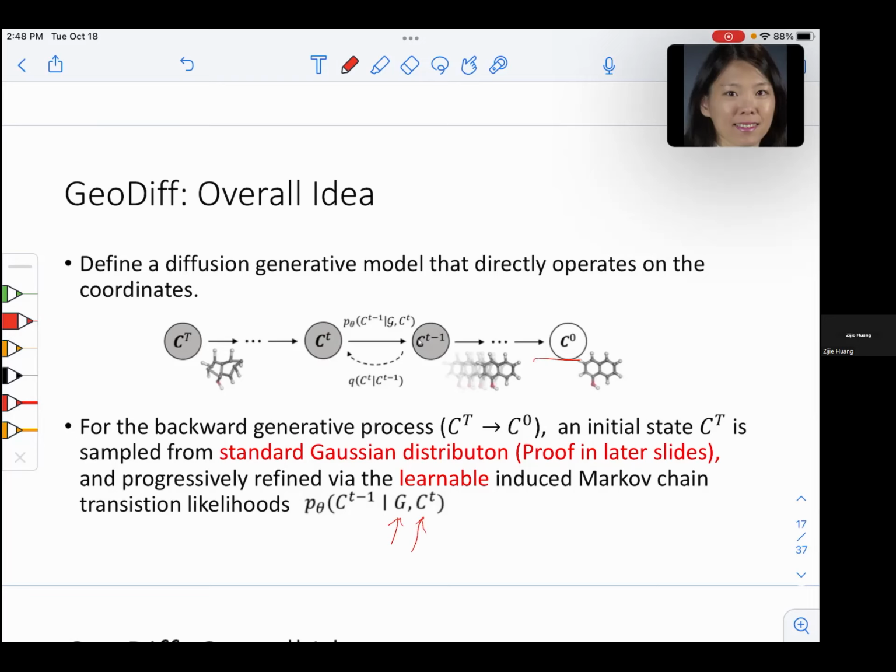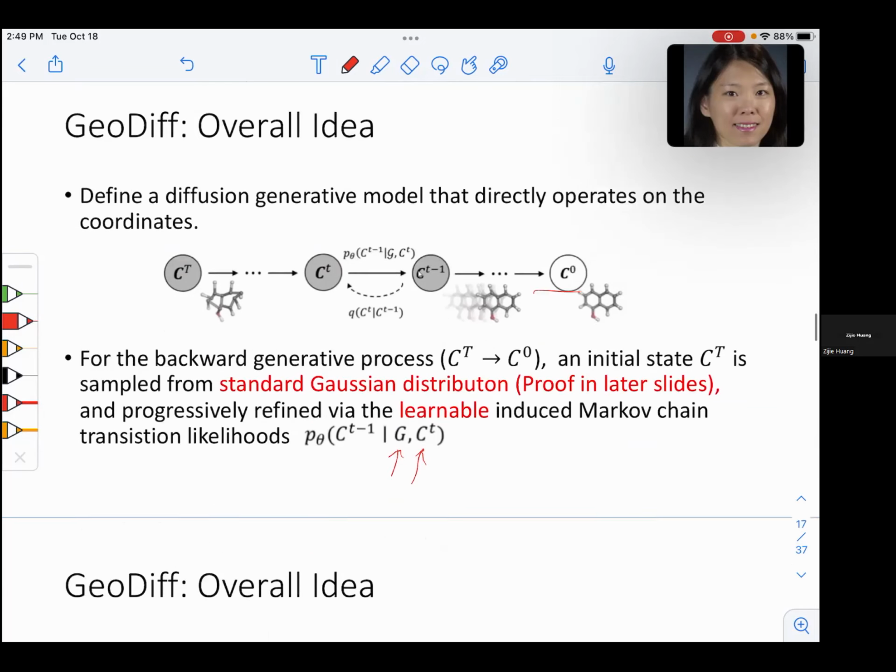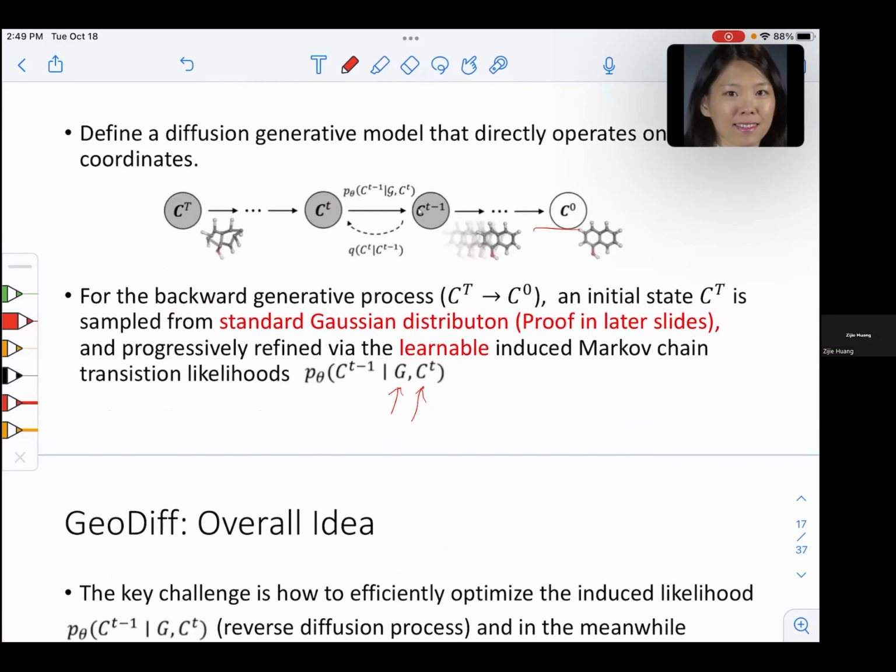This is also what we have learned in our course reading group. In general, a diffusion model has a fixed non-learnable forward diffusion process, and what our model is trying to learn is the backward reverse diffusion process, to do the recovery. One thing here is that this C_T is sampled from a standard Gaussian distribution. I will later provide an analysis to show why it is reasonable to assume this final C_T can be sampled from this standard Gaussian distribution.